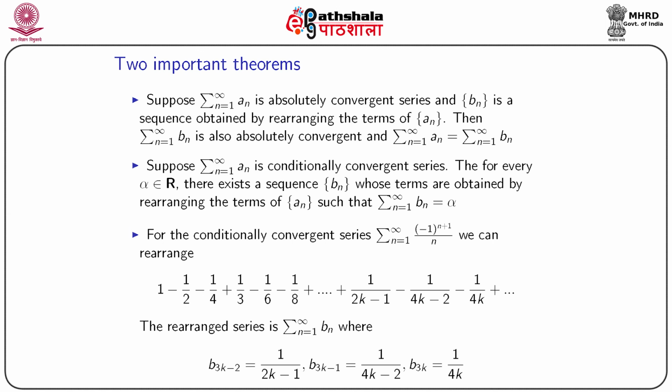So this is the rearranged series from the series we have. For this rearranged series, the sum over n from 1 to infinity of bn, we can show that it converges to some alpha and we can find that alpha too. So this is the hint, and if we proceed in this way we can find the limit.